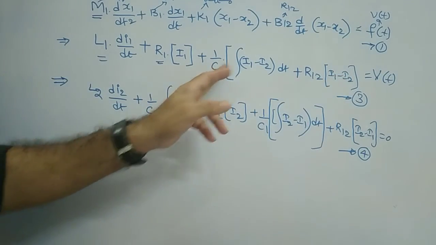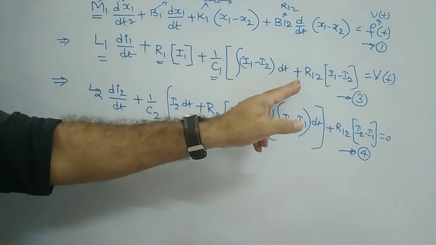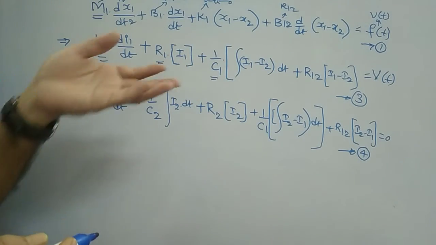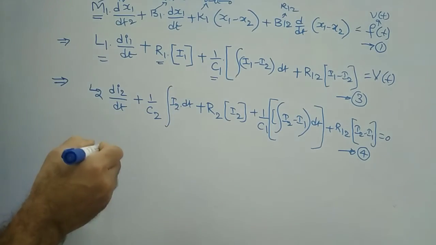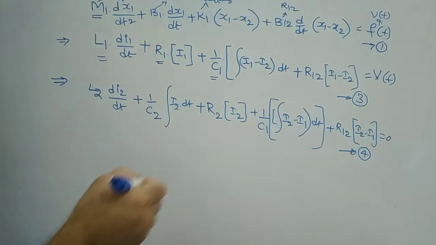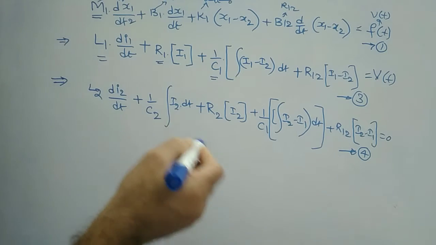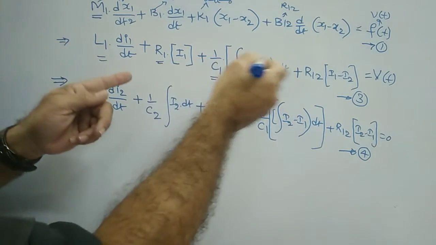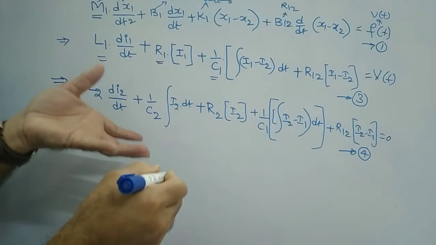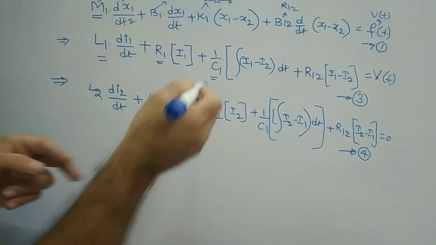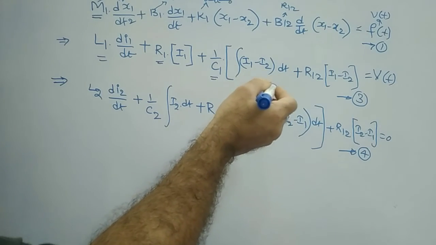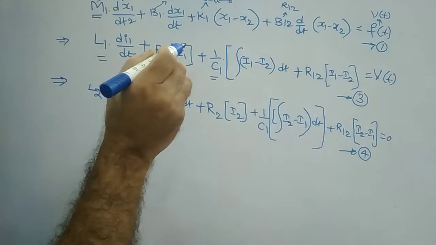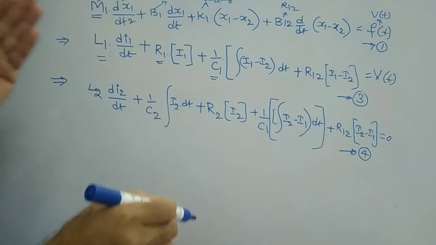These two are the common electrical elements through which I1 and I2 currents are flowing. I1 is the loop current of the first loop, whereas I2 is the loop current flowing through the second loop. So capacitance C1 and R12 could be the common elements between two loops.